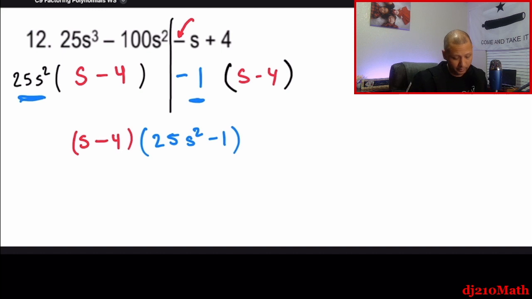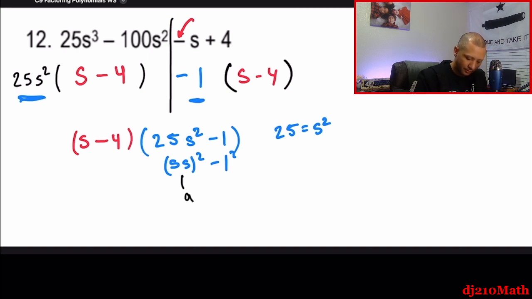25s squared is a perfect square, right? 25 is really 5 squared. So this means 5s minus 1. So this is our A, this is our B. Put it all together.